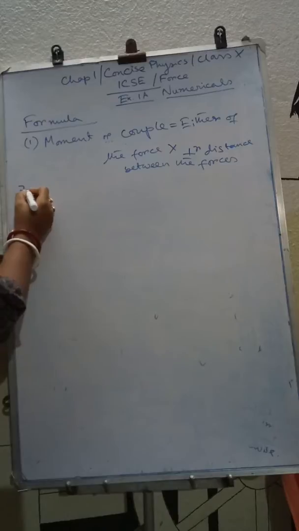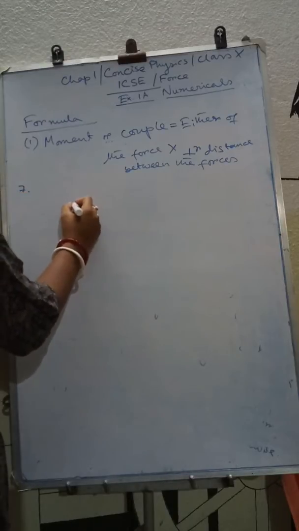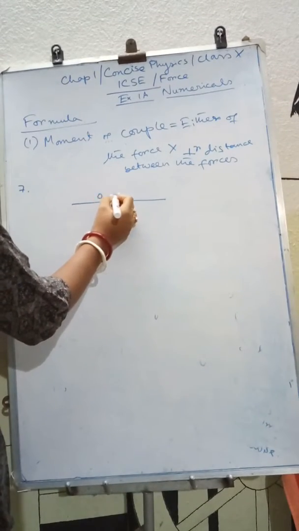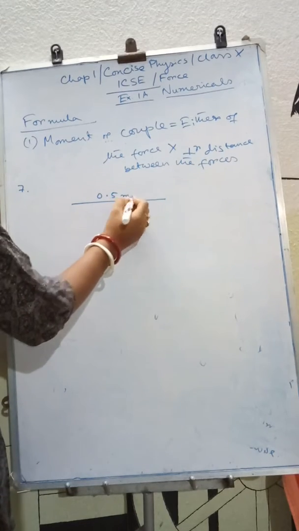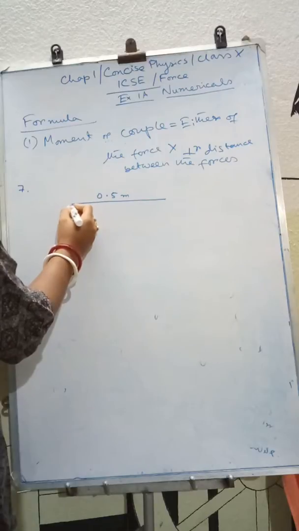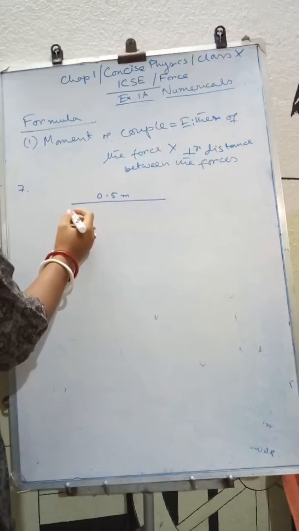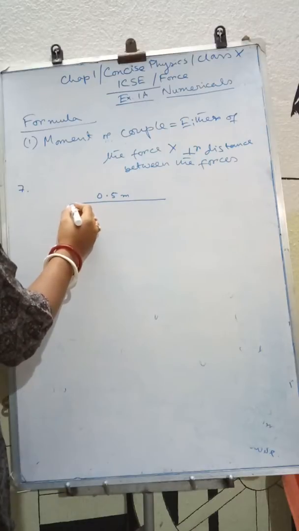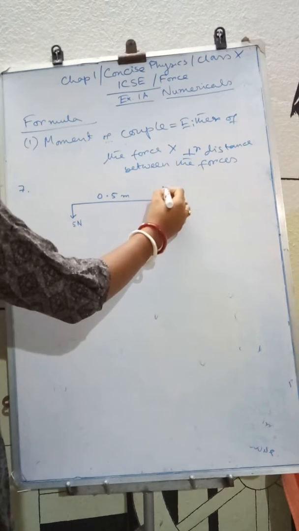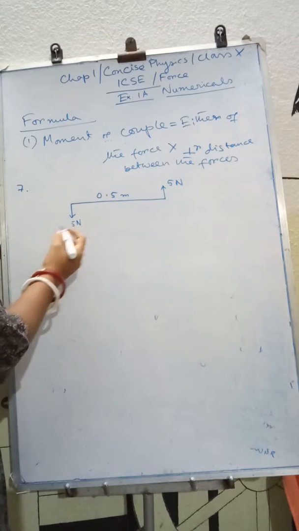Number 7 sum. A steering wheel of diameter 0.5 meter is rotated anti-clockwise by applying two forces of magnitude 5 Newton.